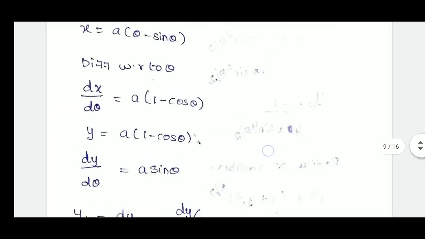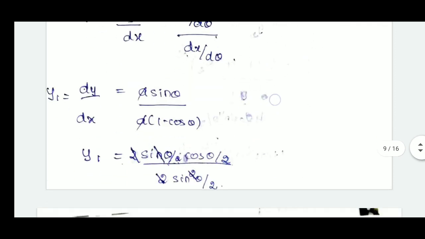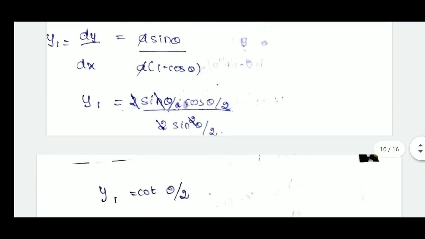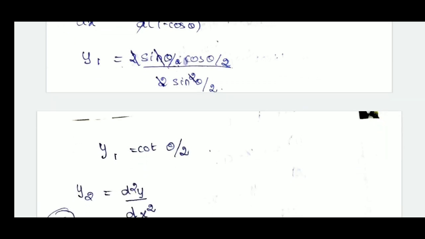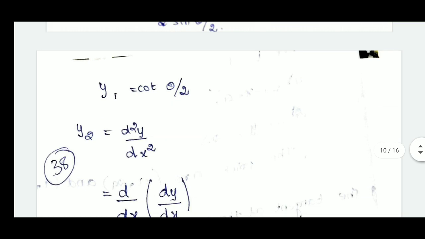The a gets cancelled. Using the half angle formula, the formula for sin theta is 2 sin theta by 2 cos theta by 2, and the formula for 1 minus cos theta is 2 sin square theta by 2. The 2 gets cancelled, sin theta by 2 gets cancelled. Y1 equal to cos theta by 2 by sin theta by 2, so we get cot theta by 2.